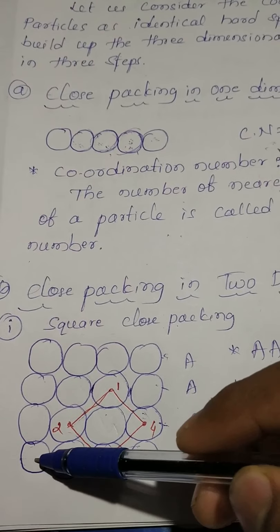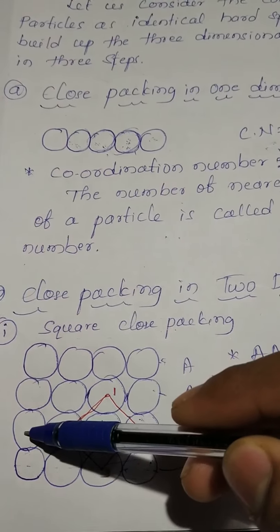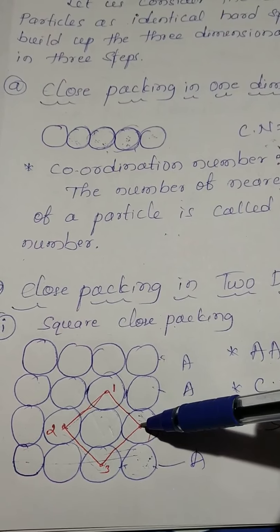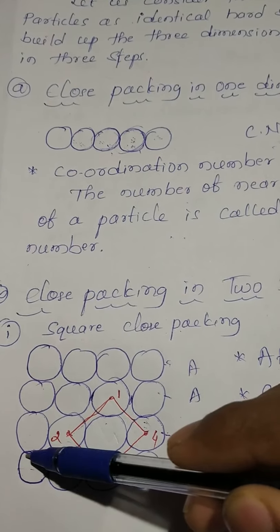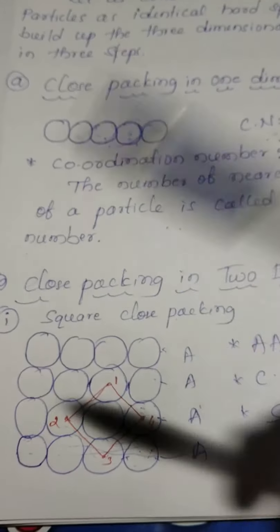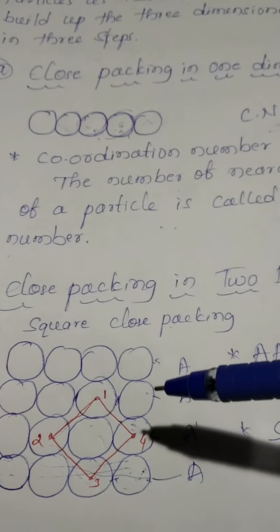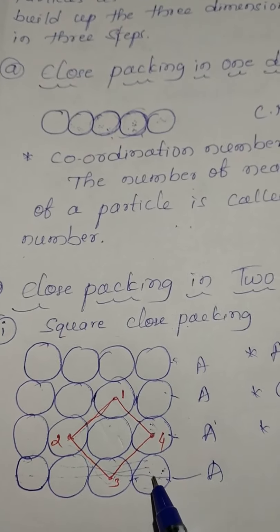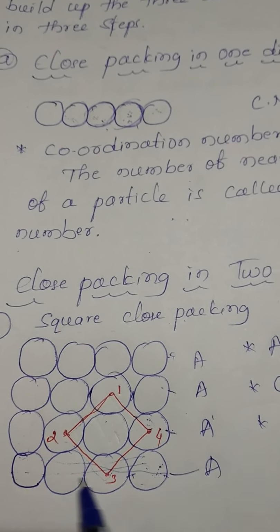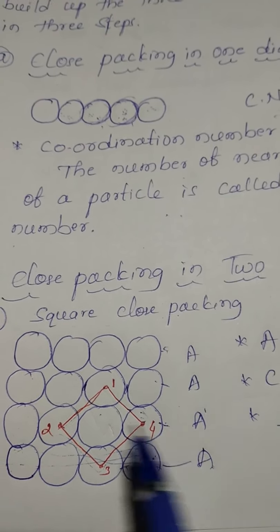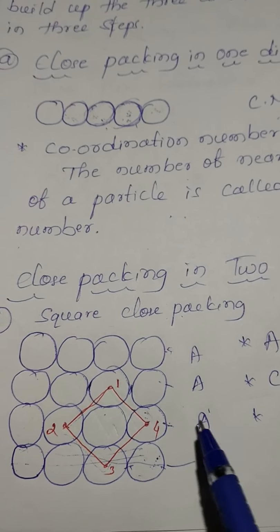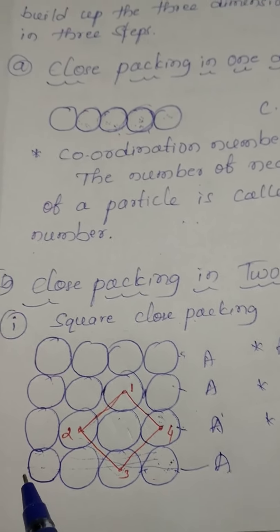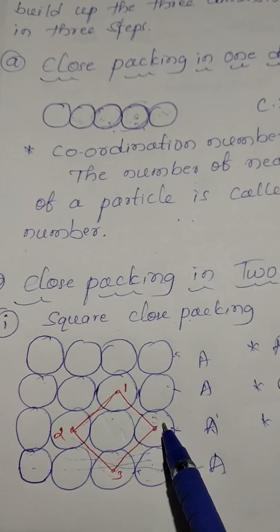The spheres of the first row and the spheres of the second row are exactly aligned horizontally as well as vertically. If we call the first row A type, this row is also A type, because the spheres of both rows are exactly aligned.